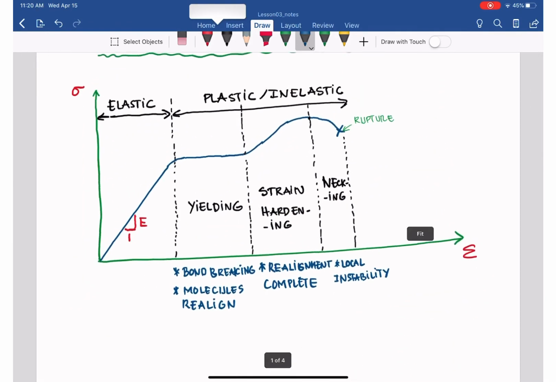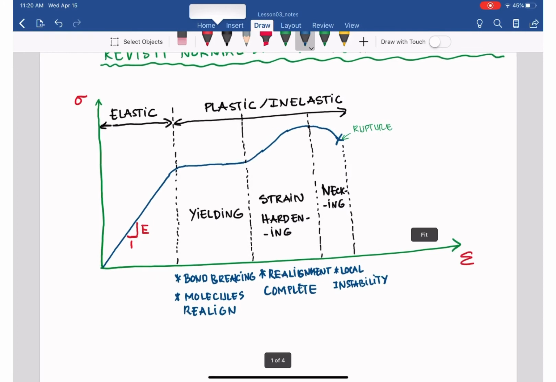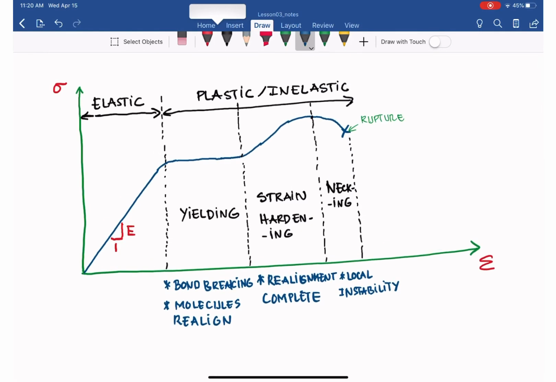Now there are a few points that we need to remember for this. As you can see, the point where the material starts yielding, with the corresponding normal stress on the vertical axis, we call sigma yield. And remember, like A36 steel, we have sigma yield of 36 ksi.